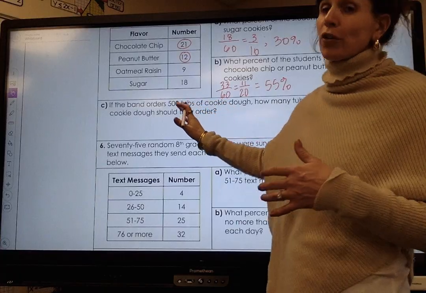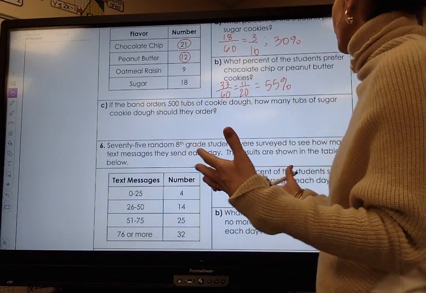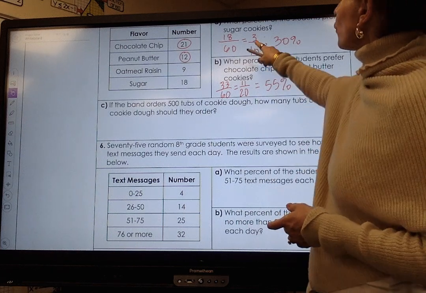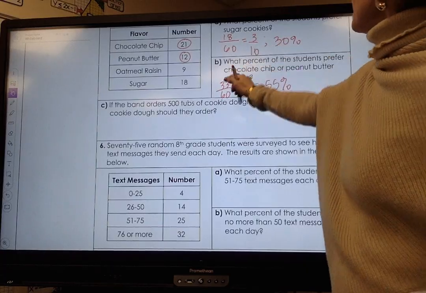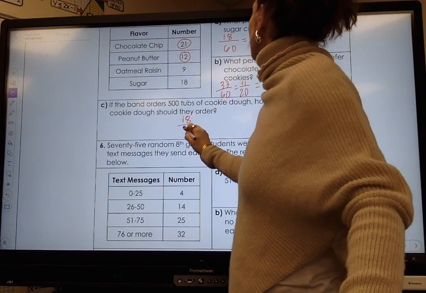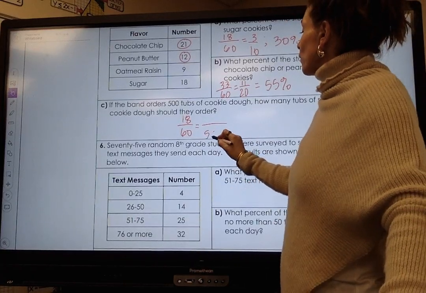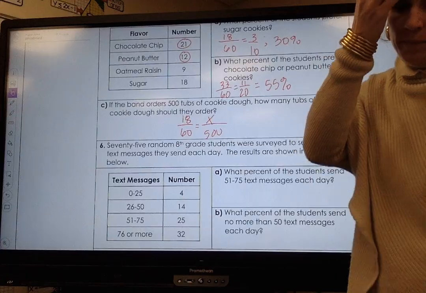Okay, so now, this is based on their sample size. We're looking to find out how many tubs, if they order 500 tubs of cookie dough, how many tubs of sugar cookie dough should they order? Well, the sugar cookie was 3/10 of the population. So 18 out of 60 preferred it in their sample. So if there's 500, how many tubs would we need?